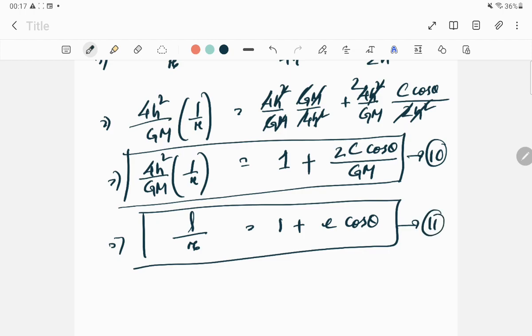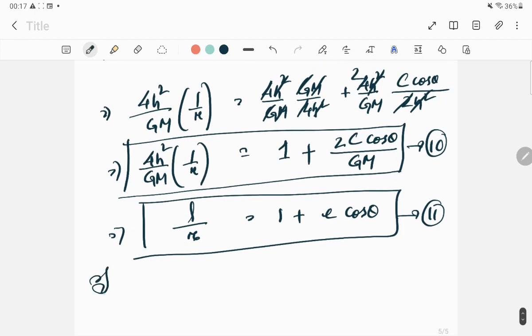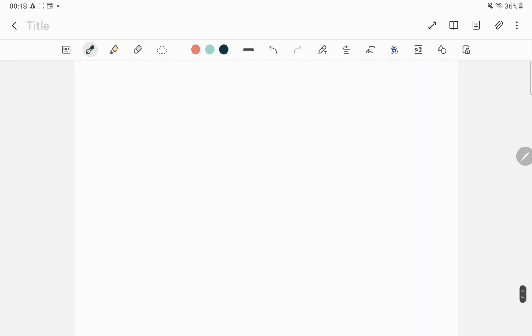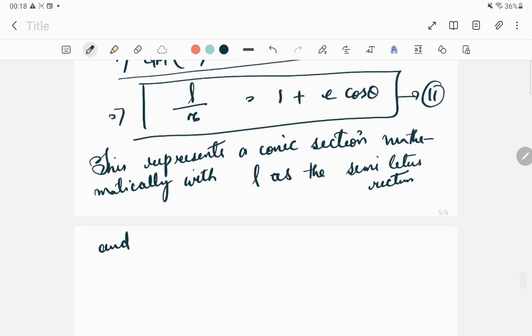So this is actually an equation which represents a conic section mathematically, with L as the semi-latus rectum and e as the eccentricity.